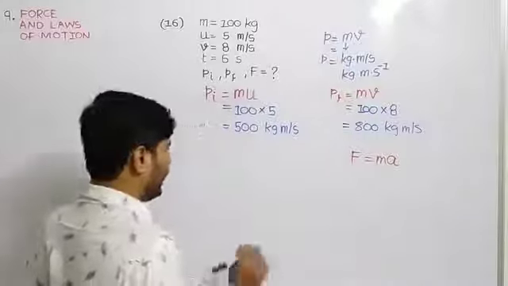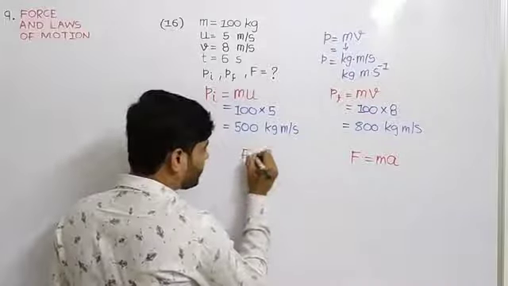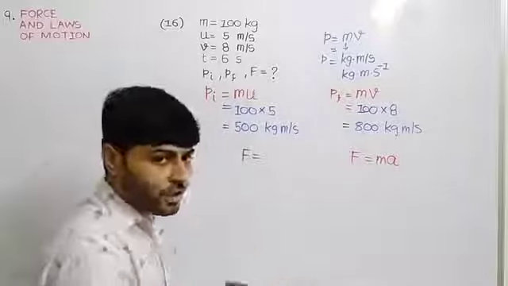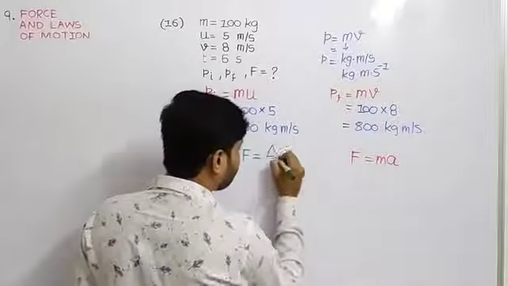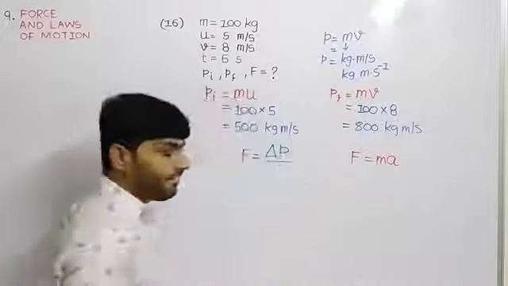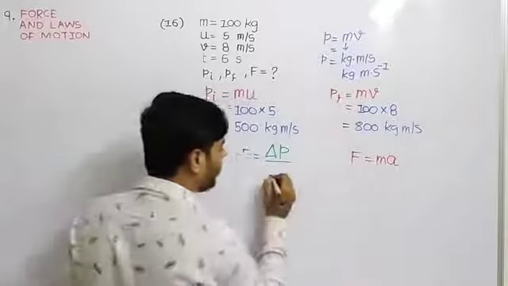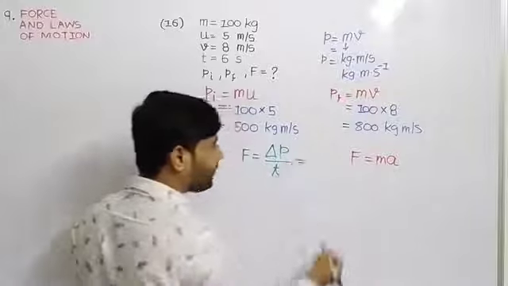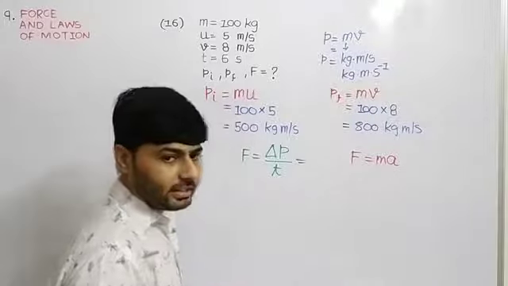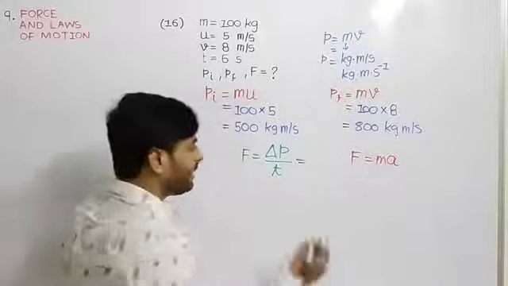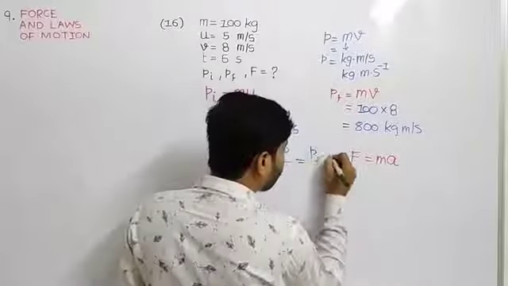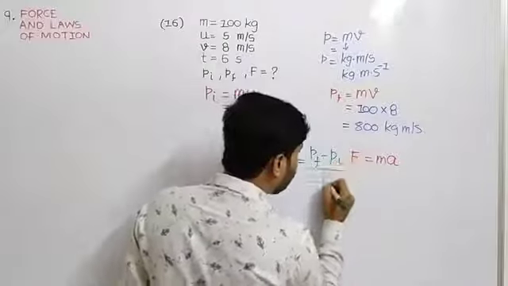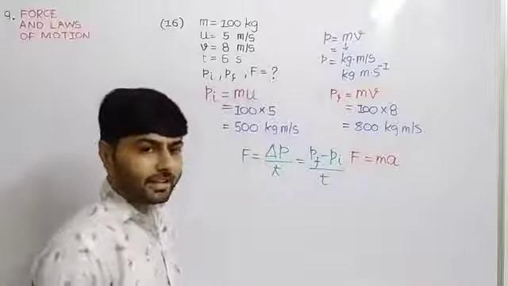I can write it as force is equal to change of momentum, that is delta P, divided by time. Rate means division by time. What is delta P? Now you know delta P. In the previous lecture we discussed delta P. That is P final minus P initial divided by T.